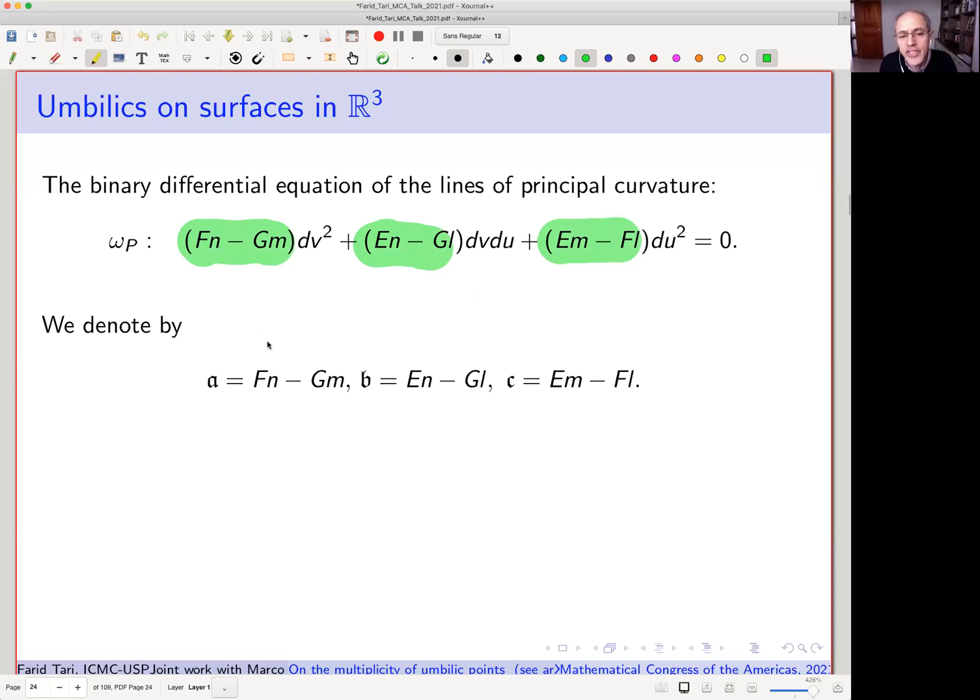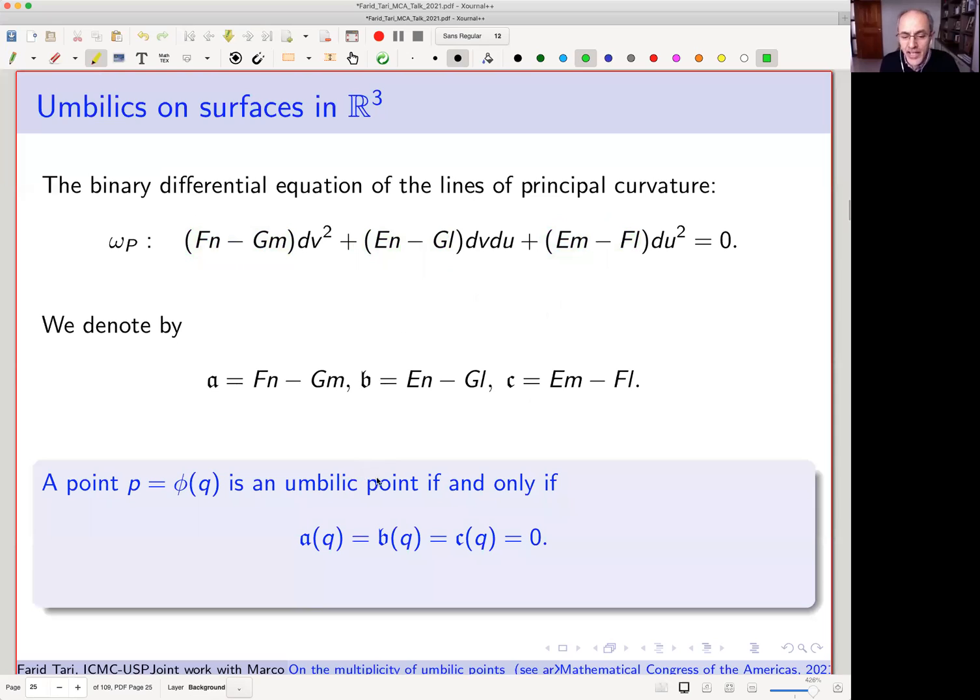In all the talk, A, B, and C will be the curly A, curly B, curly C, the coefficients of the equation of the lines of principal curvature. Of course, they depend smoothly or analytically on the parameters u and v.